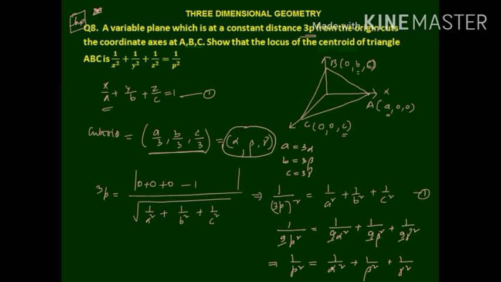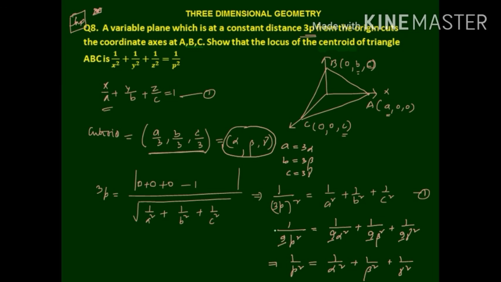Now let me tell you that whenever you need to find the locus of a particular point, your target is to find a relation involving the coordinates of that point. So here they are asking you to find the locus, right? So the locus of whom? This particular point. So I have found a relation here.